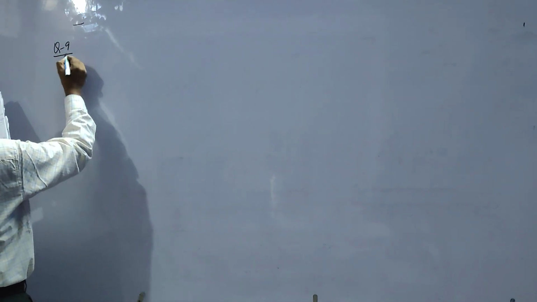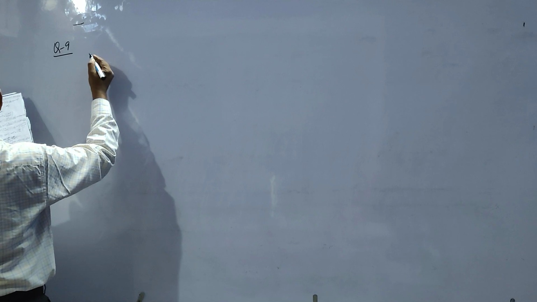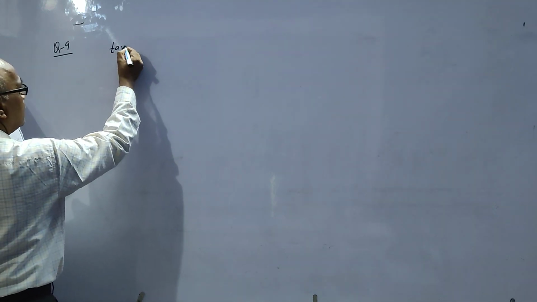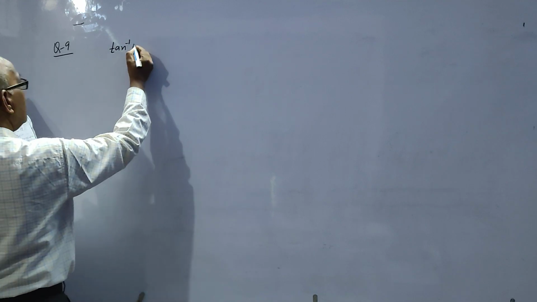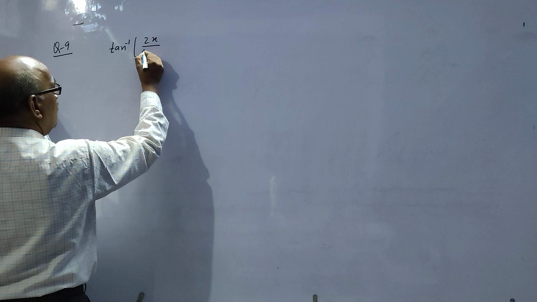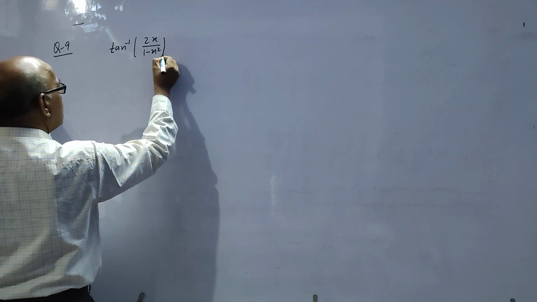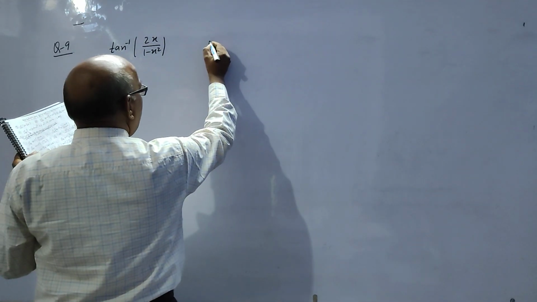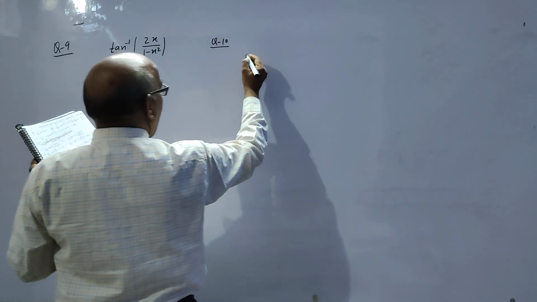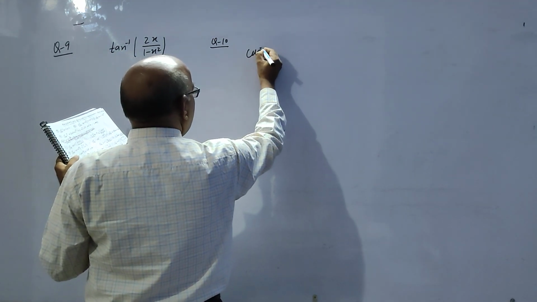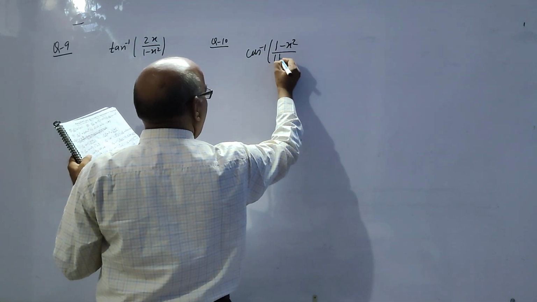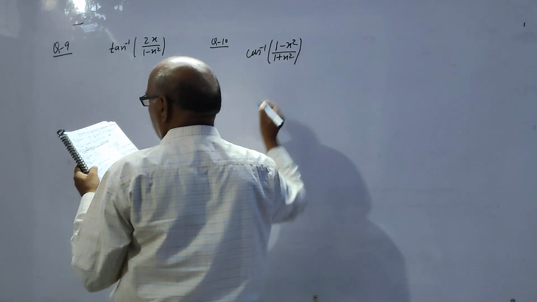Question number 9 is tan inverse of 2x upon 1 minus x square, and question number 10 is cos inverse of 1 minus x square upon 1 plus x square.